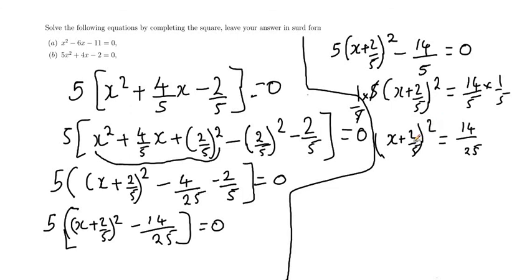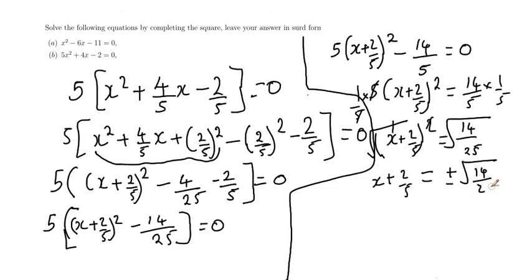Again, we want to get rid of the square there. What do we do? We introduce the square root sign on both sides of the equation, so that this square and that root sign cancels, and you remain with x plus 2 over 5 is equal to plus or minus the square root of 14 over 25, which is equal to the square root of 14 over 5, plus or minus, of course.